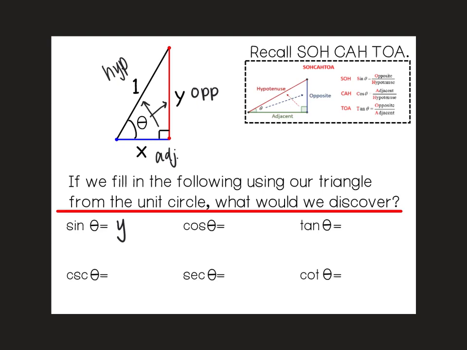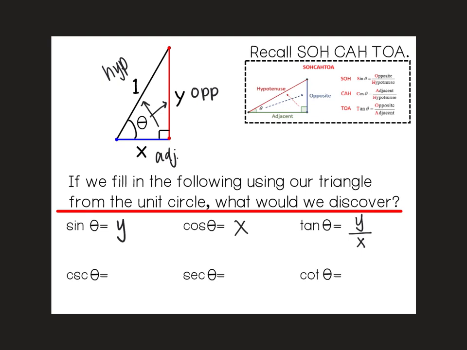The adjacent side's x, the hypotenuse is 1. x over 1 is really just x. So we'll just write x. Tangent is, if you look up at the table, opposite over adjacent. Opposite is y, adjacent is x. So we would just put y over x.